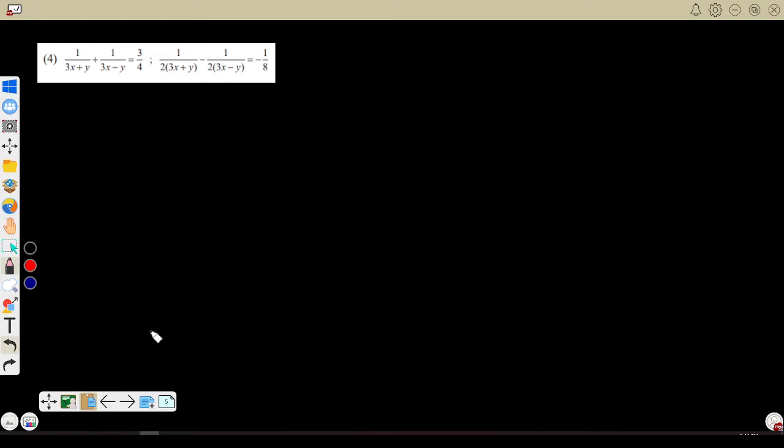That is the last sum of this practice set 1.4, which is again the same, but it might be a bit lengthy, but we'll just do it. Before solving this, just observe the equations. The first term is 1 upon 3x plus y and the second term is 1 upon 3x minus y.